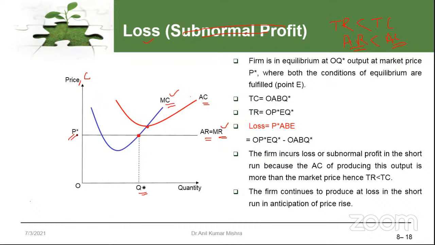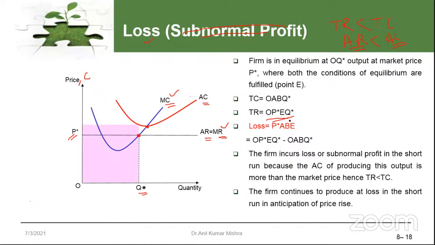Why? Because the price is the same thing as the average revenue. So this is the point of equilibrium. From that, this is the output and this is the price. But the total revenue? OPEQ is called the total revenue. We have to draw that first of all.